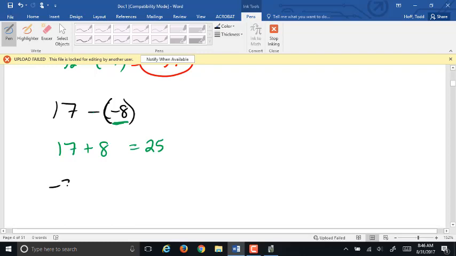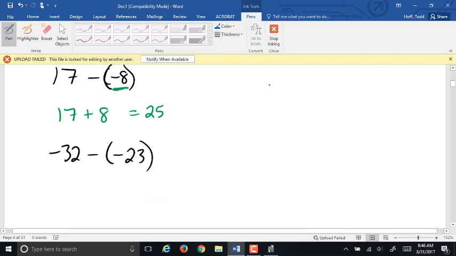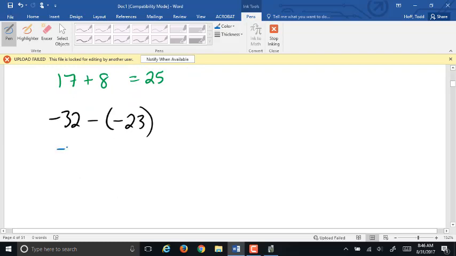Or we might have negative 32 minus a negative 23. What does that problem become? Negative 32 plus 23. Change the subtraction to addition, and then the opposite of negative 23 would be positive 23.